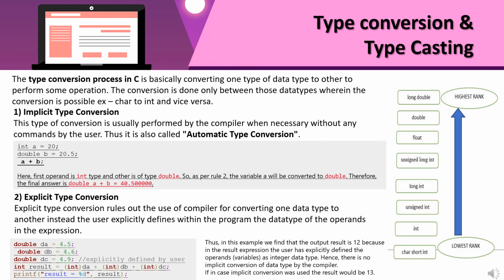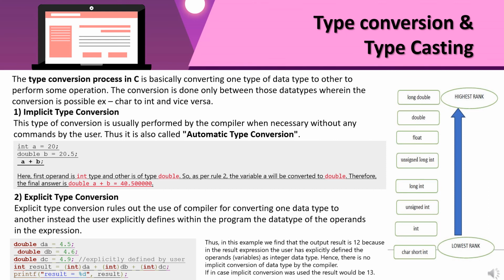Therefore the final answer is double. a plus b will be 40.5000.